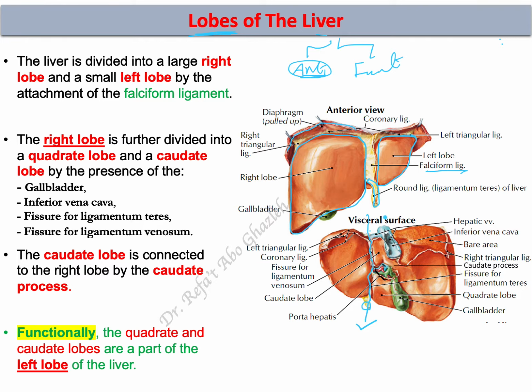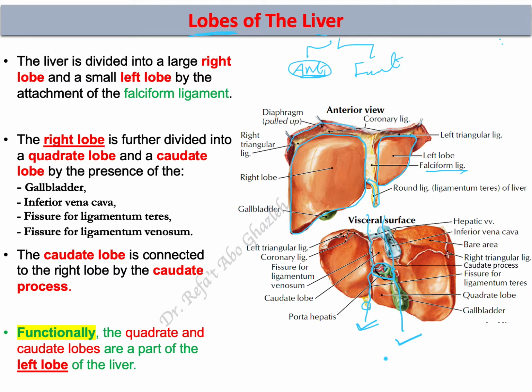Now let us draw the left fissure passing through the groove for the inferior vena cava and the fossa for the gallbladder. Okay, this is the left fissure, and this is the right fissure. And in between there is the porta hepatis.